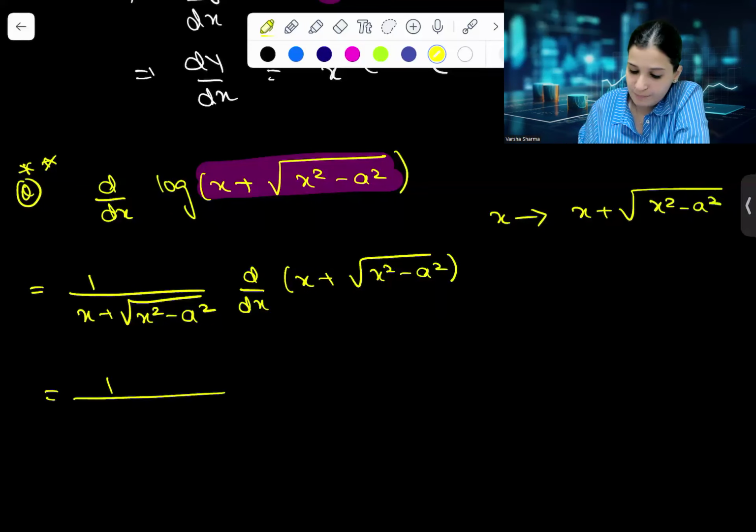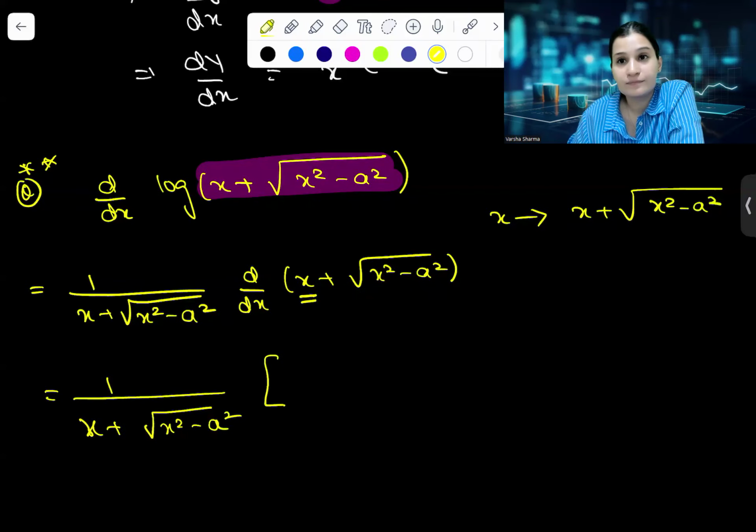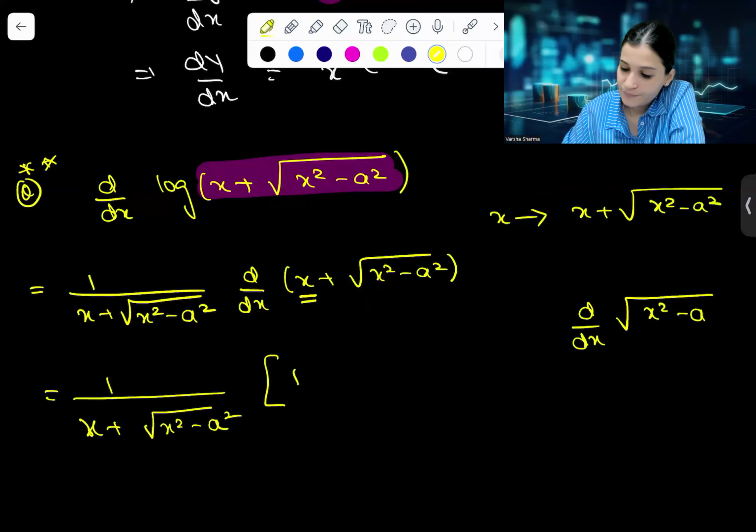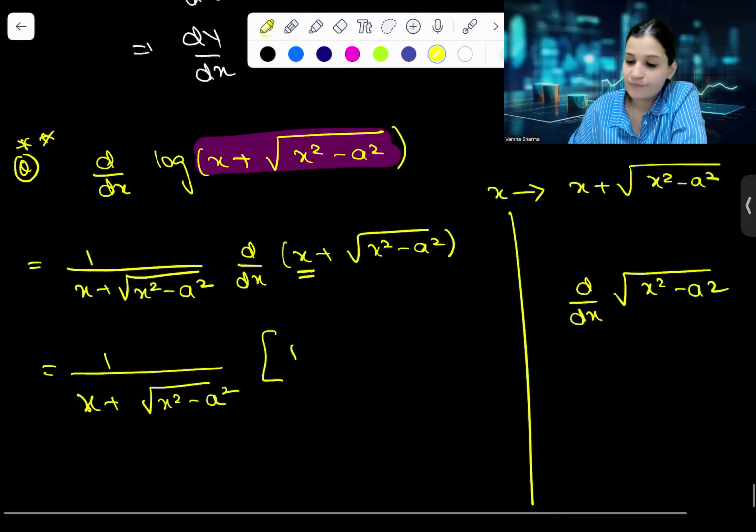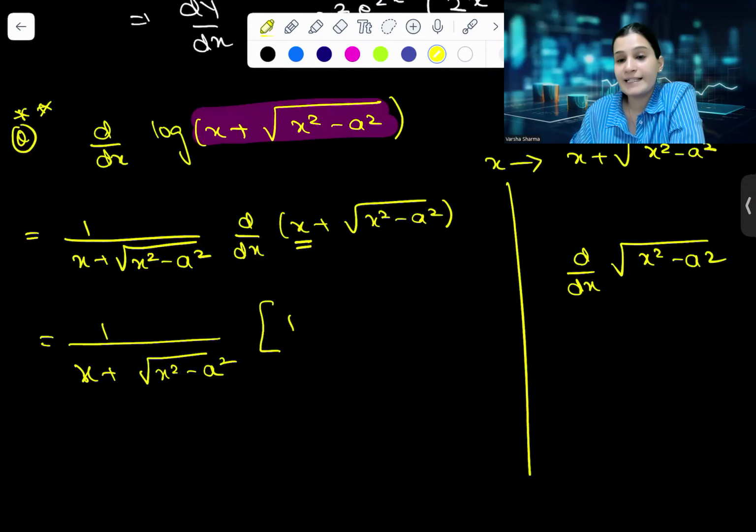Since there is a plus in between, it will be differentiated individually. What is the differentiation of x? 1. Now let's see how we differentiate this term. We will treat it like root x.